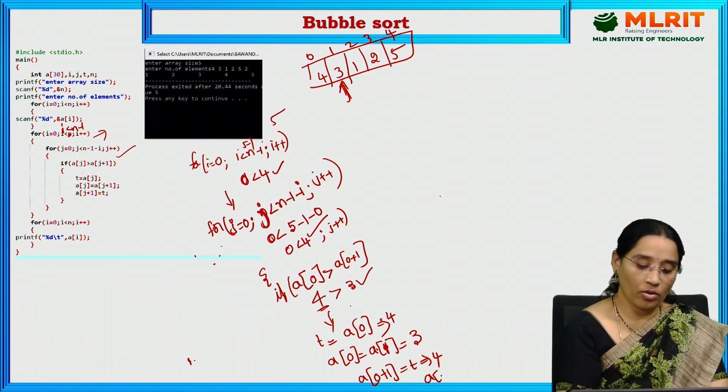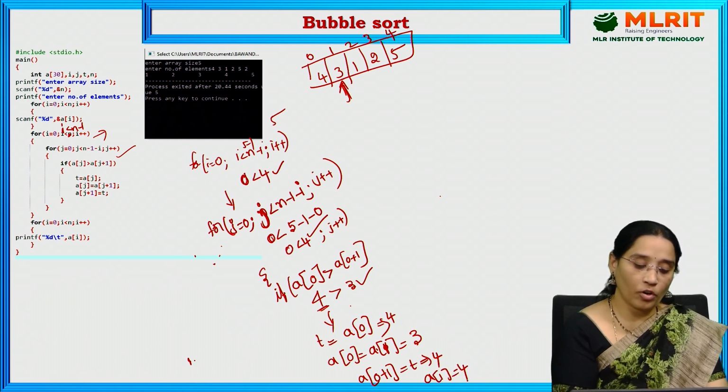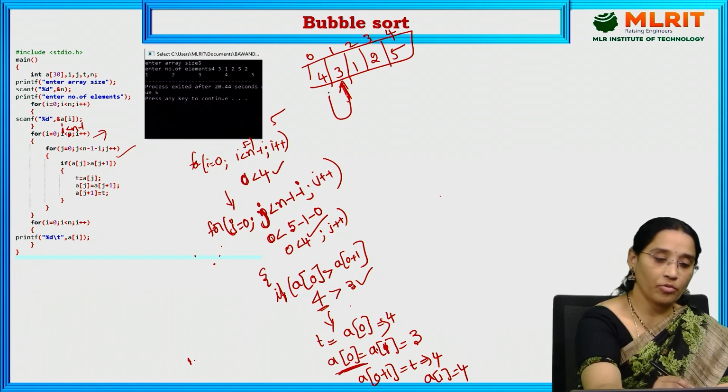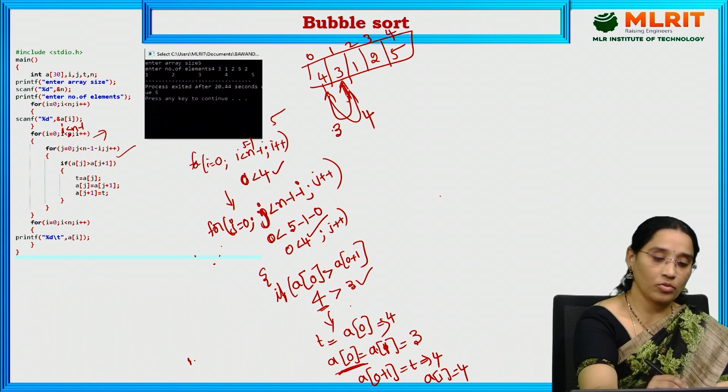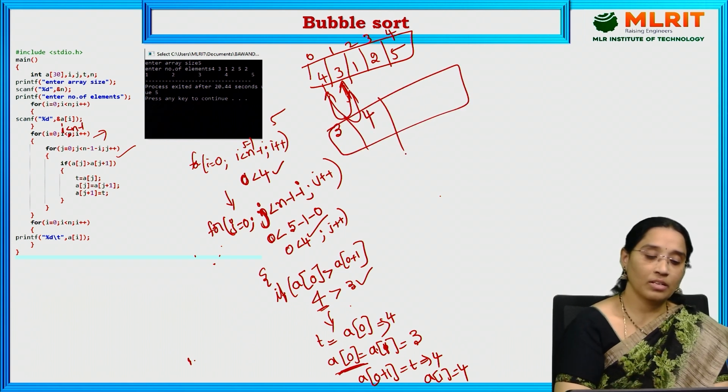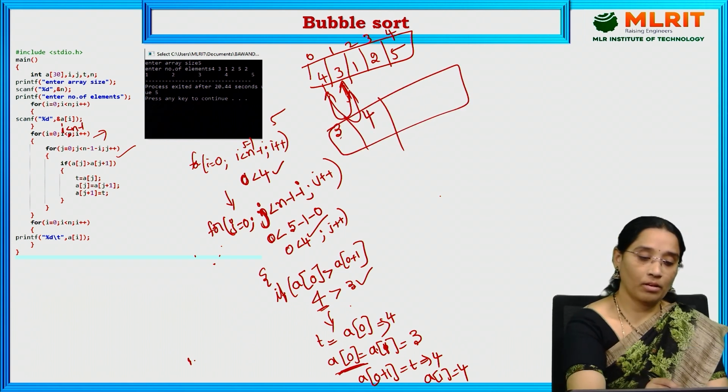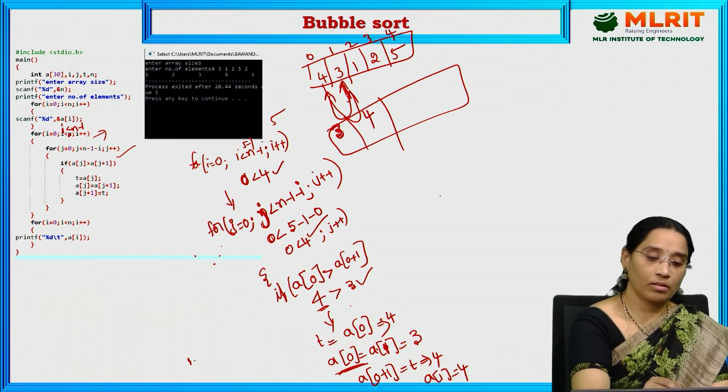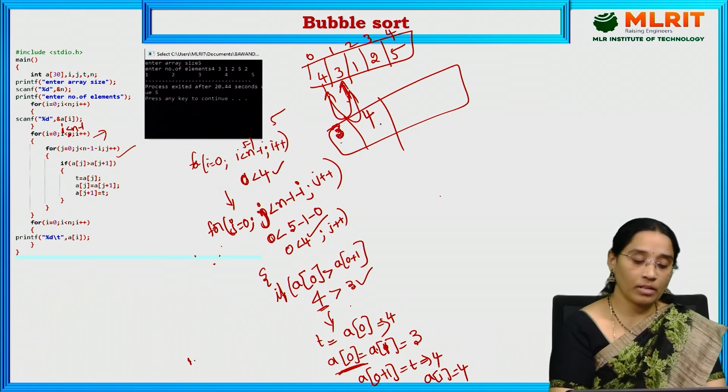So now a of 1 equals 4. What we have done is replace the a of 0 value with 3 and the a of 1 value with 4. So now swapping is done for the first pass.